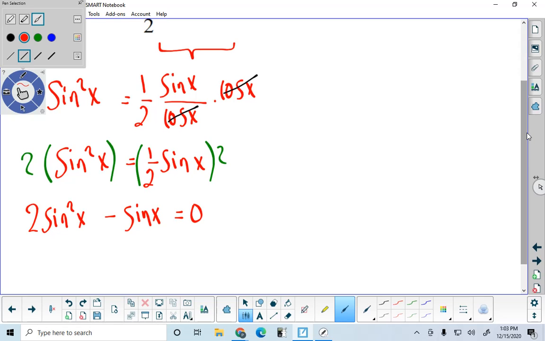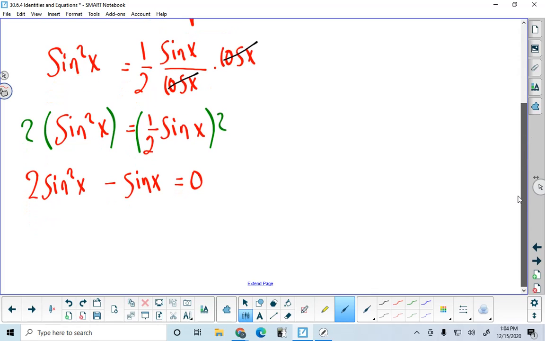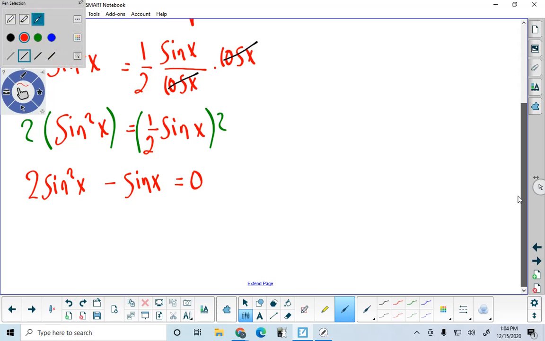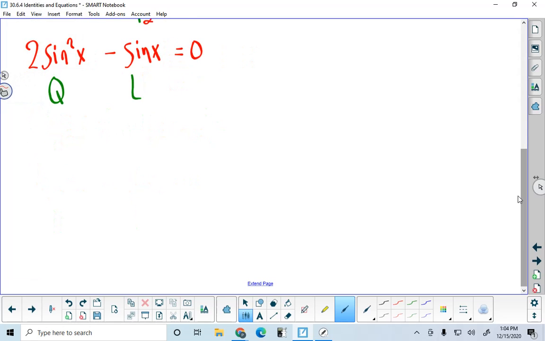I'm doing 2 things at once here. I'm canceling the 2 on the right and then subtracting it over. Way back when, we learned that if you have a quadratic term and a linear term, you solve that quadratic equation by factoring a common factor out.